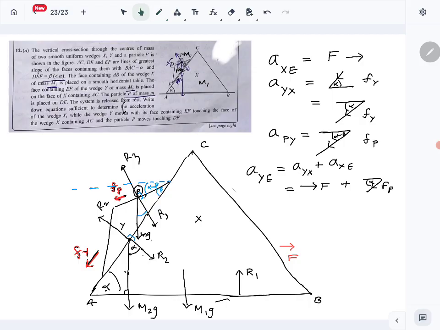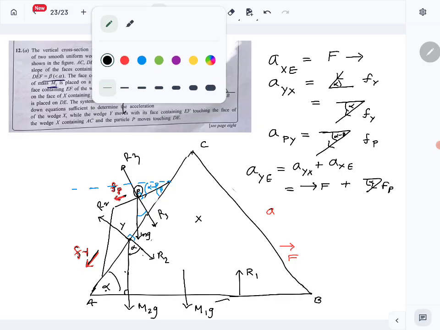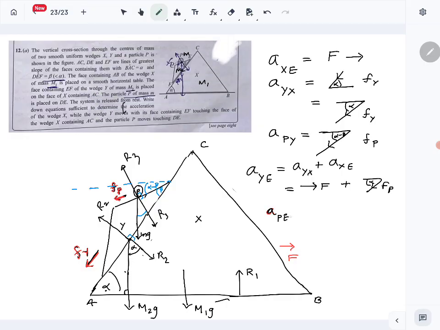We also need acceleration of particle p relative to Earth. That involves three components: a py, a yx plus a xe. So a py is at alpha minus beta, fp, a yx, alpha is bigger than alpha minus beta, remember, that is important.